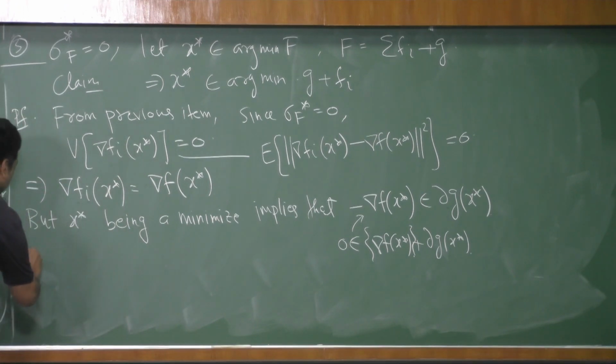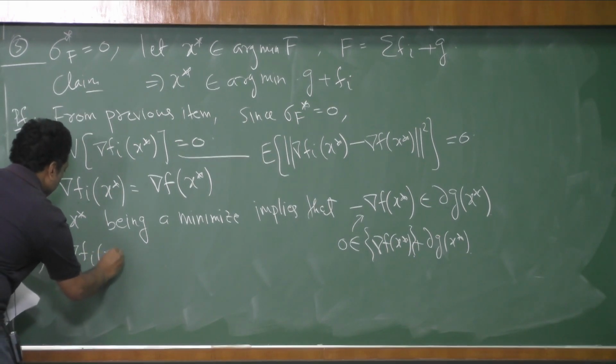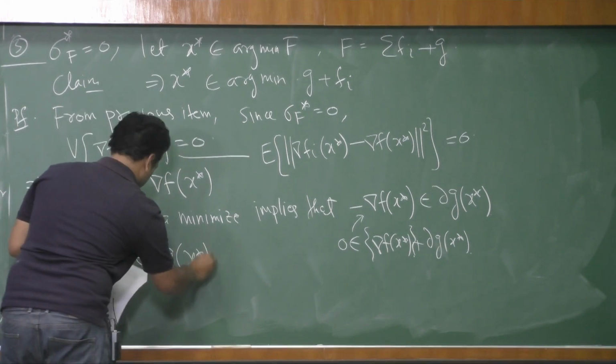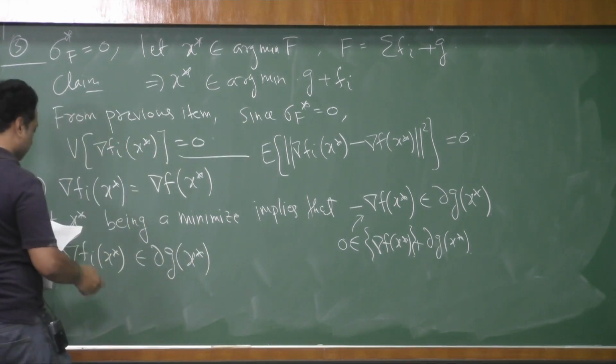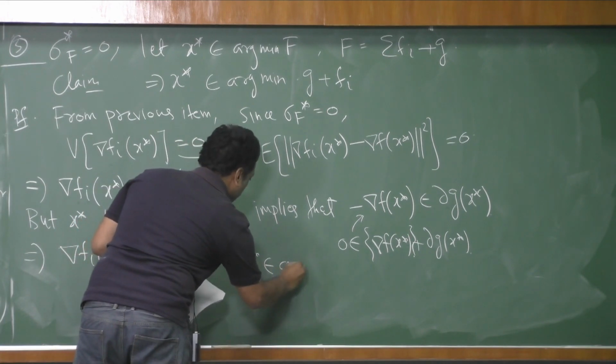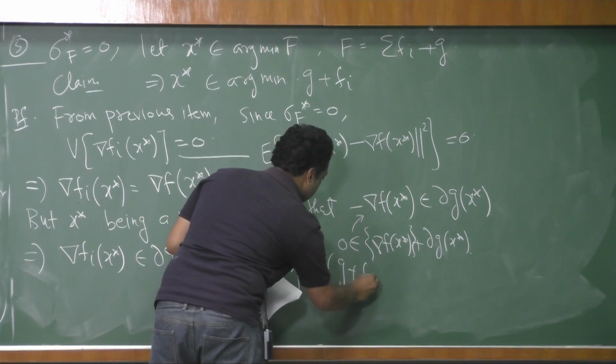So this implies that minus grad fi x star is in the subdifferential of g at x star, and this implies that x star is in the argmin of g plus fi.